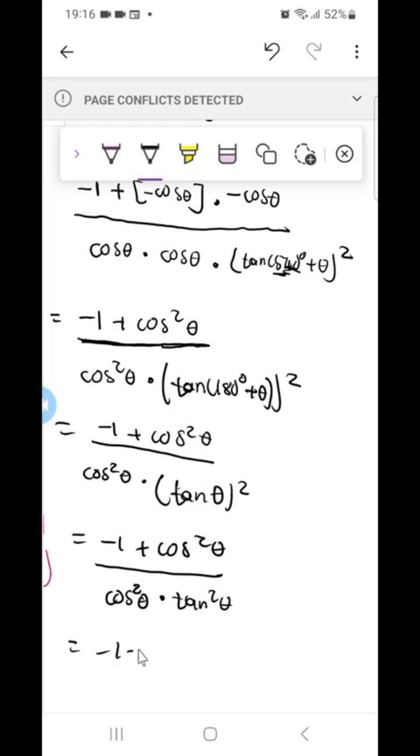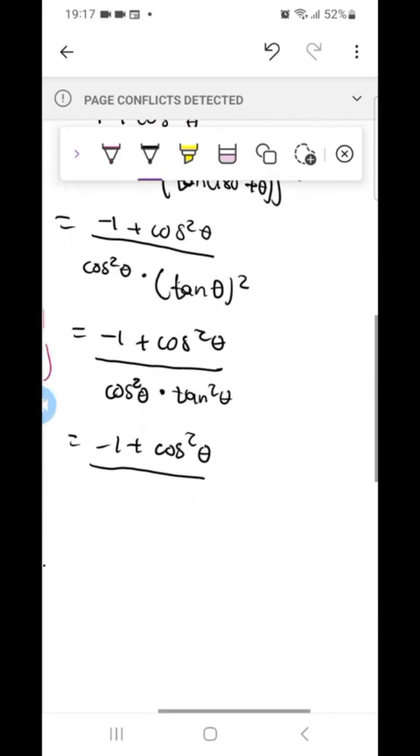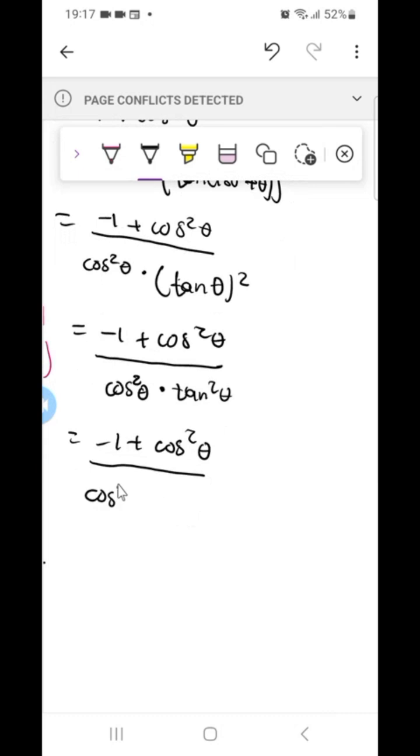And then you do a little bit of simplification again. Okay, sorry for that. You have cos squared theta over cos squared theta. Remember that tan has an identity: tan of theta is equal to sine theta over cos theta.